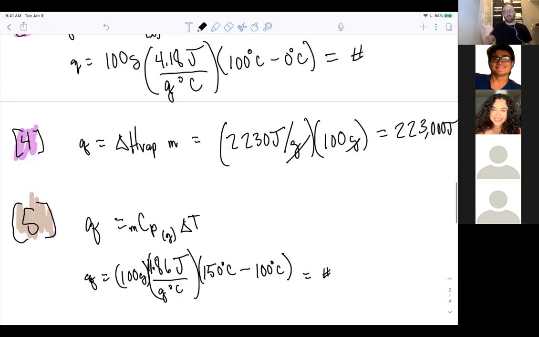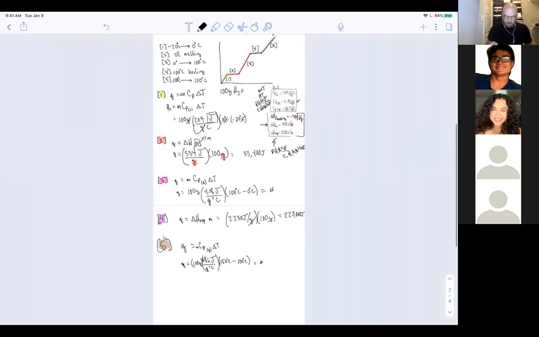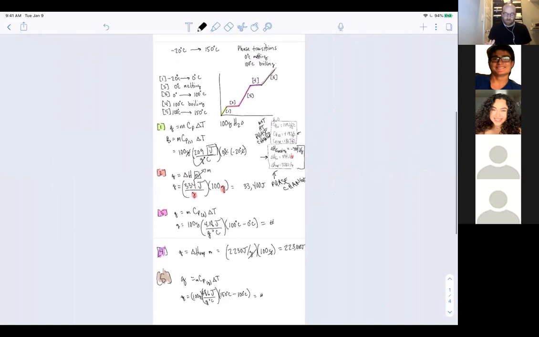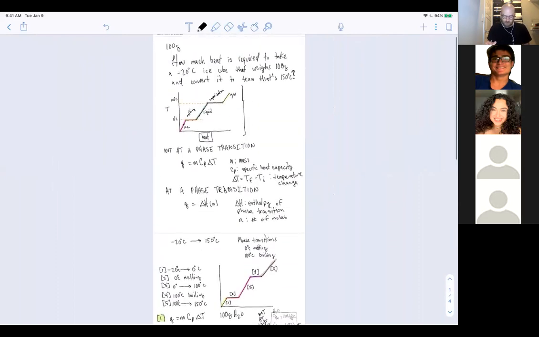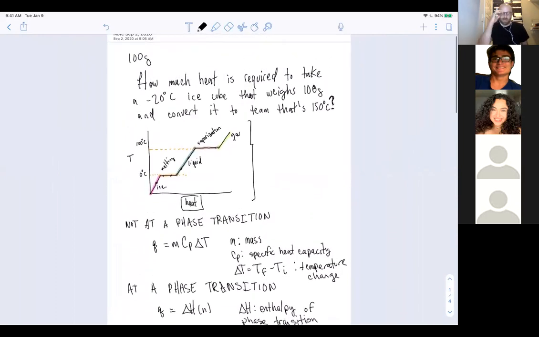And so now I've calculated the heat associated with each leg of this process. I'm going to zoom out a little bit here. And then when I want to actually do the overall calculation, so remember the question, if we go back up here, is how much heat is required to take a negative 20 degrees Celsius ice cube that weighs 100 grams and convert it to steam.